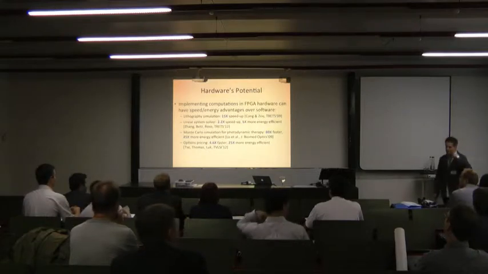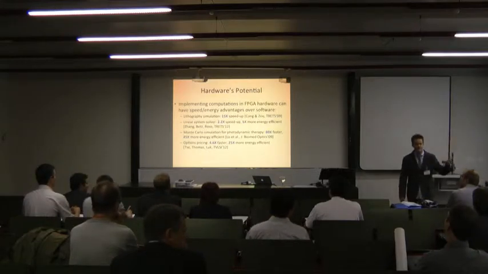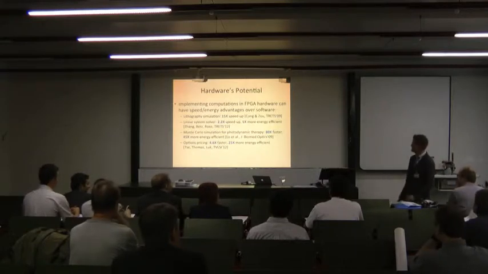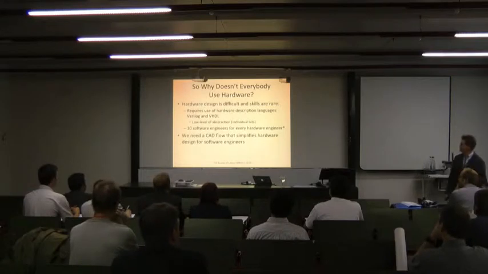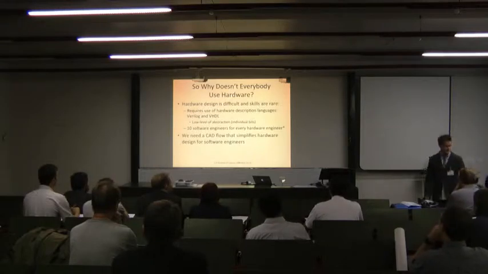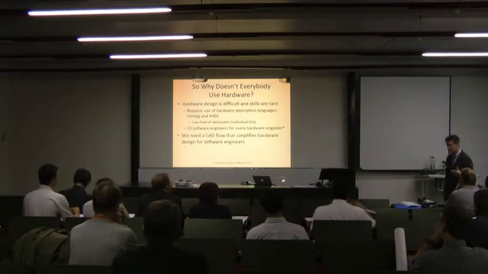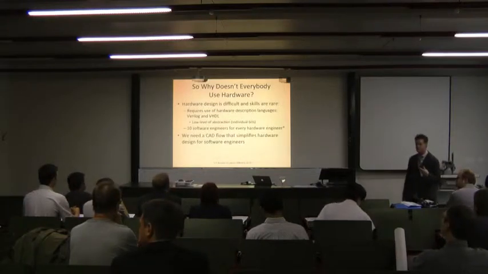So you see the slide, it probably comes to your mind, well, why bother with software at all? Hardware is just fantastic, right? Just stick with hardware. The problem is you can't do that, because hardware design skills are actually comparatively rare. It requires a hardware description language, like Dirk mentioned in the opening. VHDL and Verilog force you to work at a very low level of abstraction, the level of individual bits.